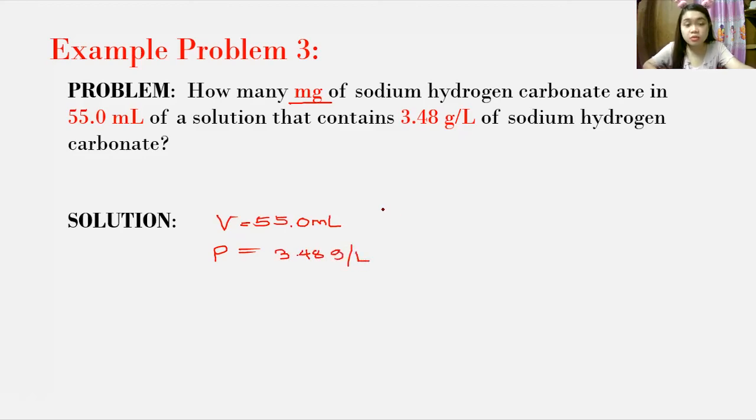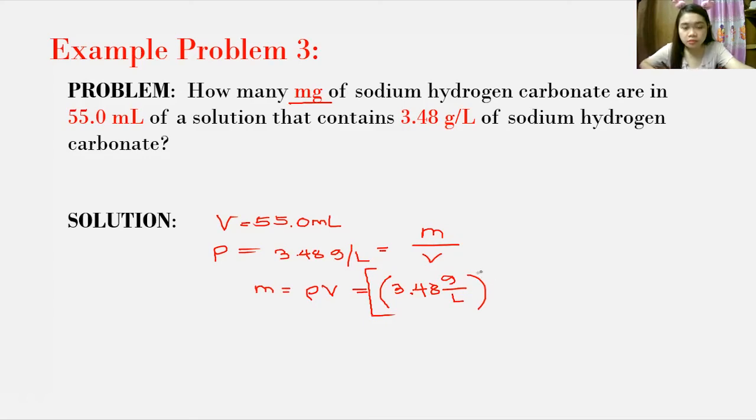So what we need to do is to get the mass. We know that density is equal to mass over volume, and we are given the density and volume. What we need to do is to get the mass, we multiply the density and the volume. So density here, we have 3.48 grams per liter, but we will convert this into grams per ml, so that our unit will be consistent to the value.